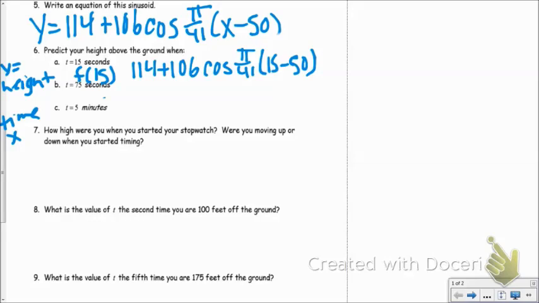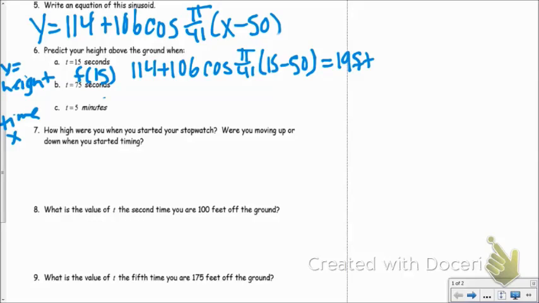If I just type it in my calculator, watching my parentheses and making sure my mode is correct, when x is 15, that's going to give me a height of about 19 feet, or 19.006 feet if I'm doing 3 decimal places.